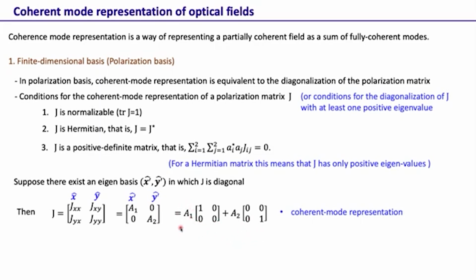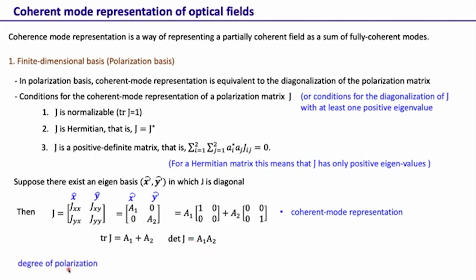Of course, these a1 and a2, which are the eigenvalues, a1 is the proportion of x prime polarized light, and a2 is the proportion of the y prime polarized light. So that's the coherent mode representation in the polarization basis. Now of course the trace of this J is a1 plus a2, and the determinant of J is simply a1 a2.